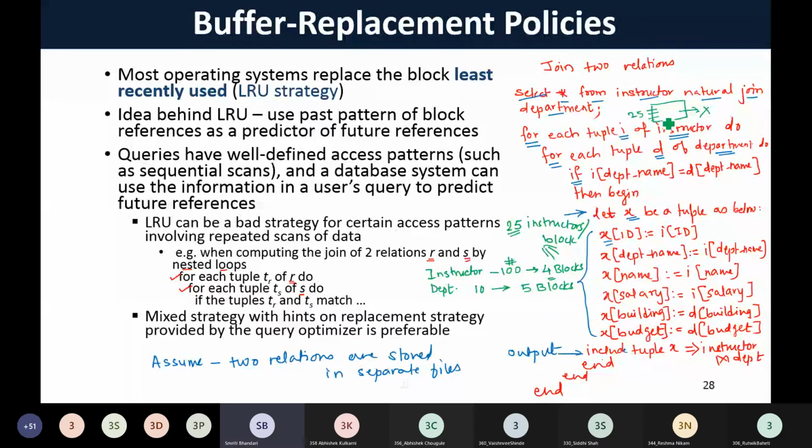Right? So what we can do is, as we know how this join is being processed, the buffer manager should be instructed to free the space occupied by this instructor block as soon as the last tuple of this block is processed.